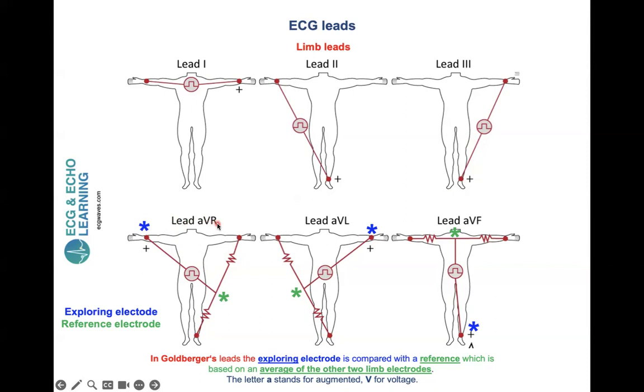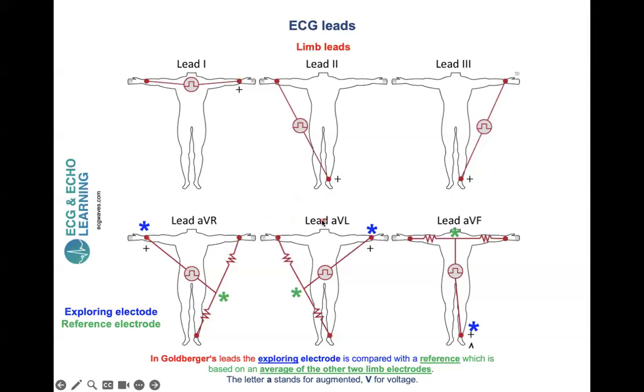In this lead, AVR, we have the average of the two limb leads, left arm and left foot. The reference electrode is here, the green asterisk. This is the negative electrode, the average of these two limb leads compared to the right arm electrode, which is the exploring electrode, the positive electrode.